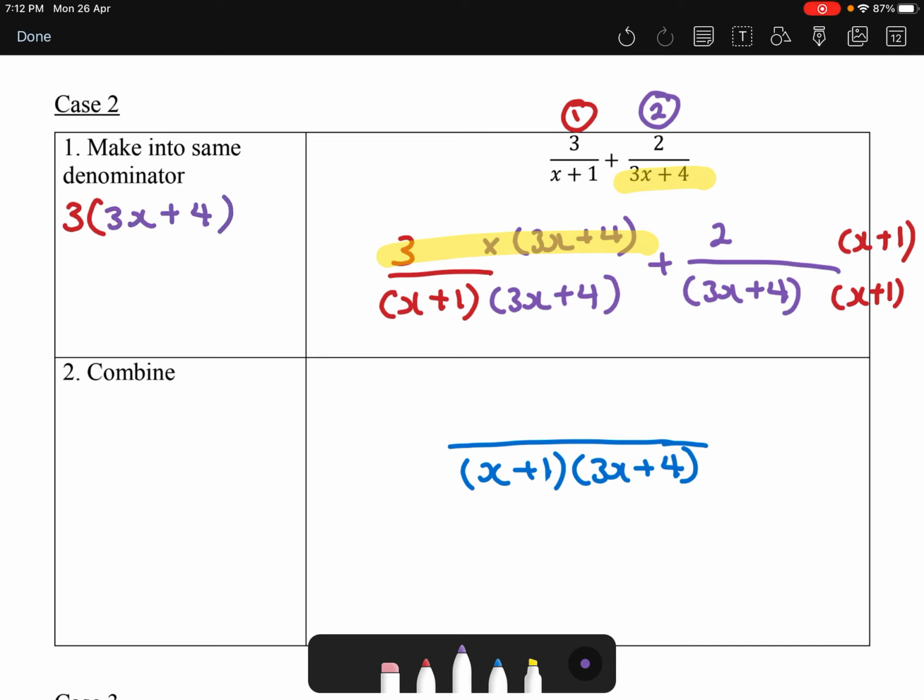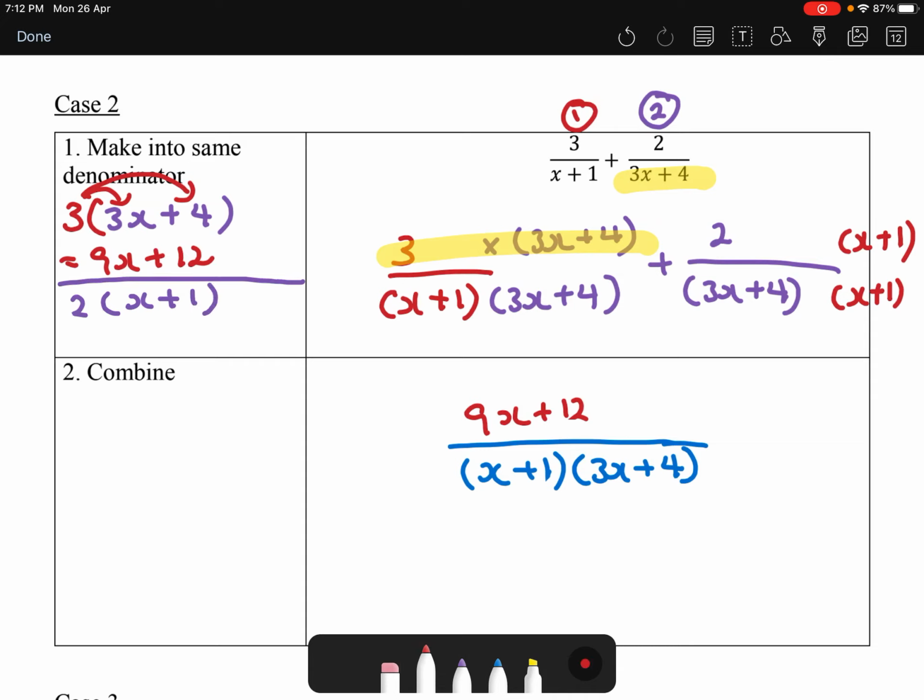Let me just write here 3x plus 4. You do the rainbow method. 3 multiply, so it's equal to 9x plus 12. You just put 9x plus 12 here. For the second term, 2 multiply by bracket x plus 1.